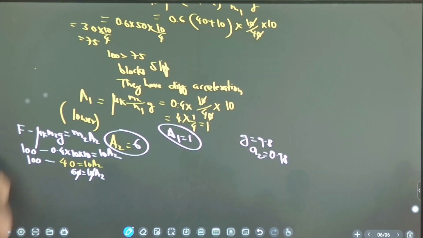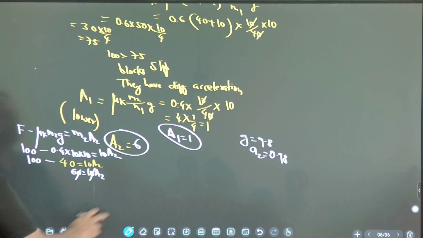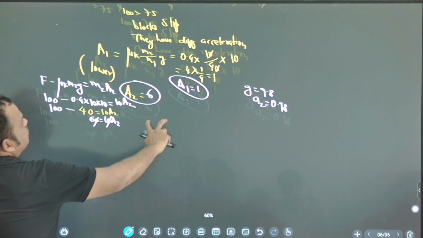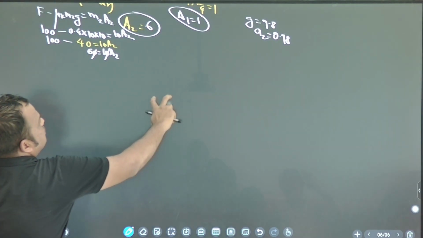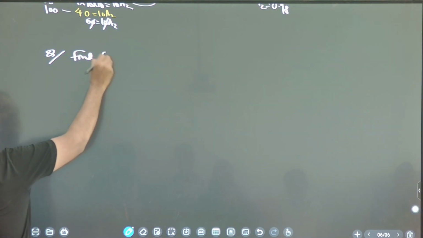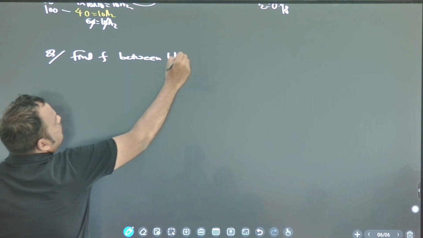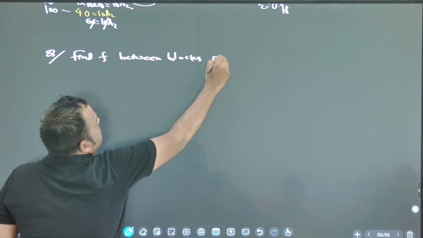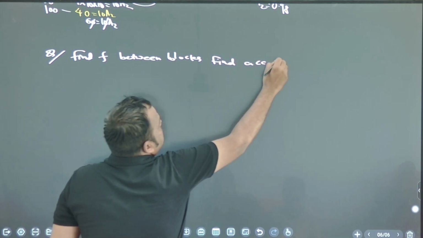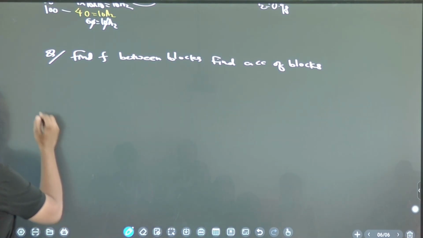Okay, now I am giving some more questions. You practice this. It is a very important chapter. So solve these questions. If you have any doubt, you can ask. Find the friction force between blocks. Find the acceleration of blocks.